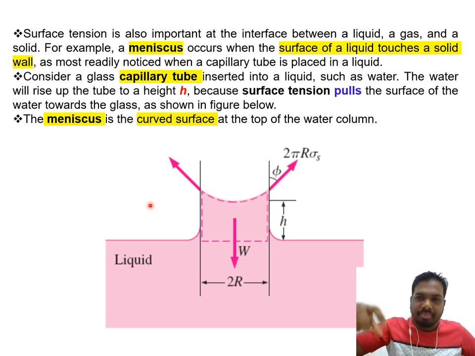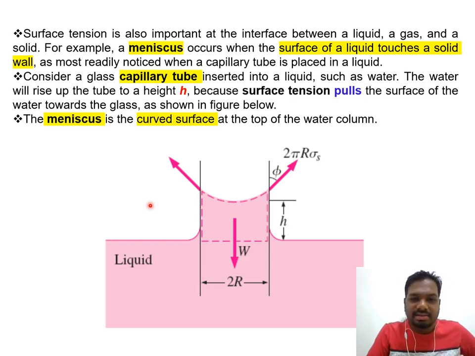So what you will do? You will place a capillary tube inside the water, and you can see the water enters the capillary tube, with additional liquid entering the capillary, and you will have a height of h. You can see the surface will not be straight, but curved upward, depending on the density of the liquid.